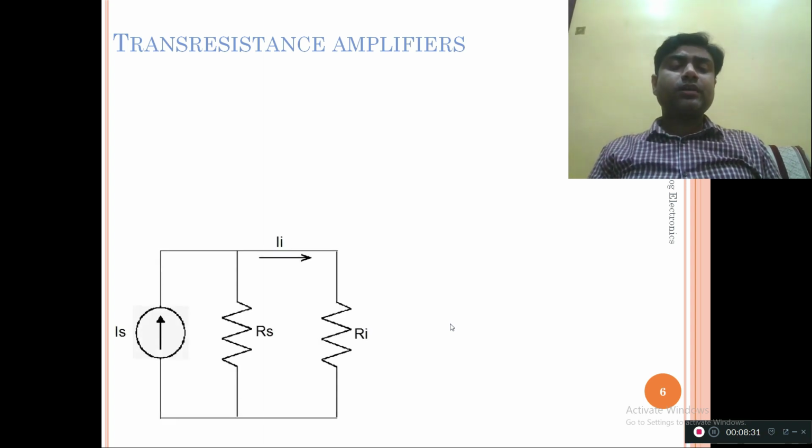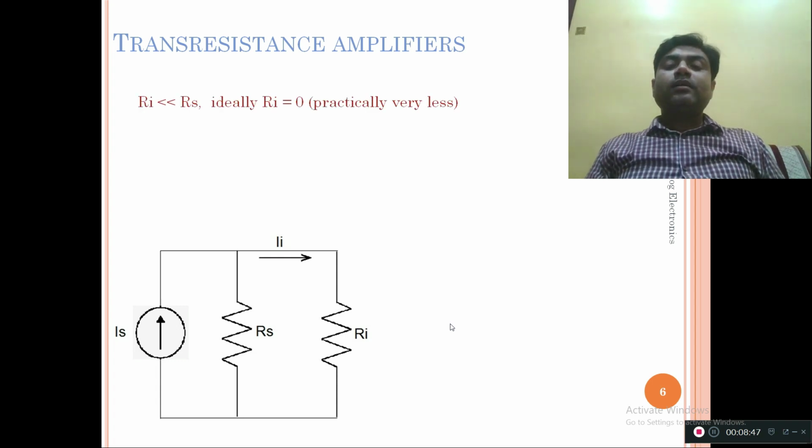So here is the input circuitry. Again, Is is feeding the two resistors, so Ii must come across the Ri. So the Ri has to be less than Rs, as we can see in the slide.